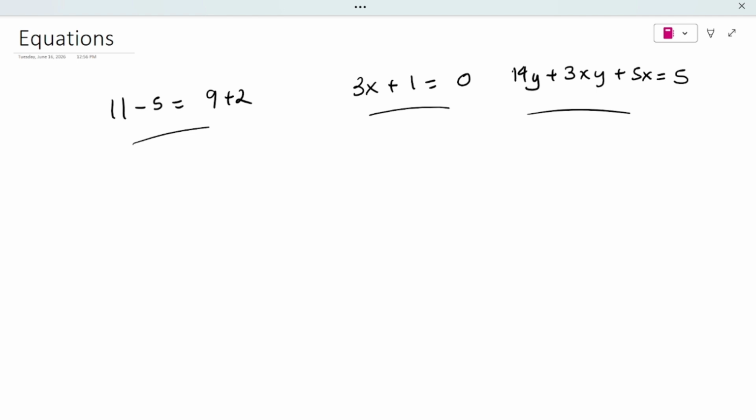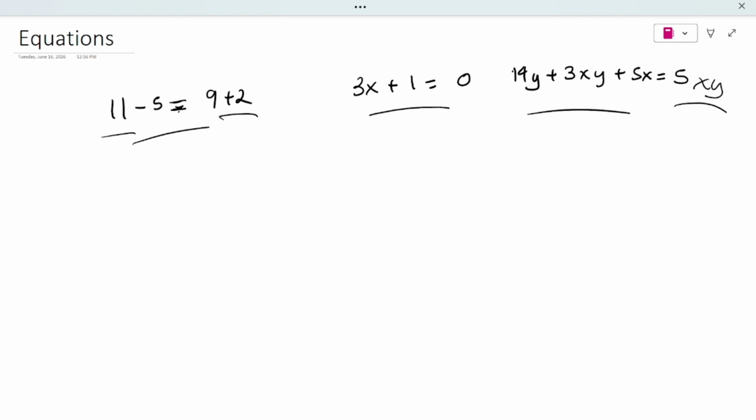So the definition of an equation is that it is formed by placing this equal sign between two numericals or two variable expressions, for example, 3xy.